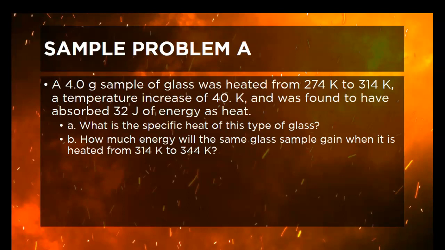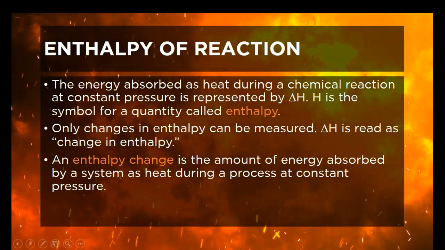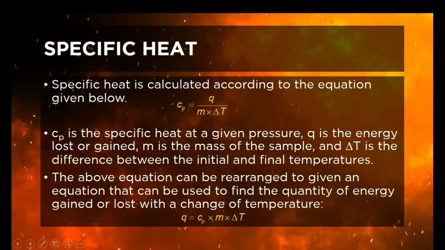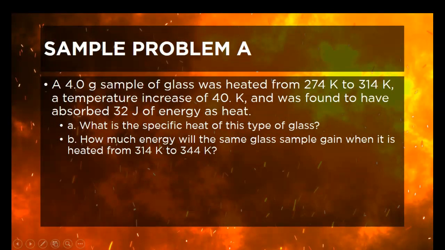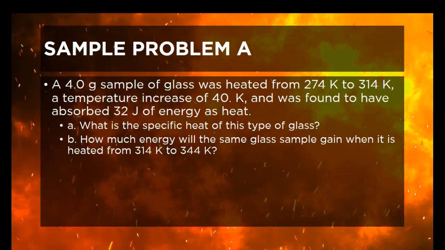So the first thing they're asking us is what's the specific heat? And that can be found by the top equation, Q over mass times delta T. So C equals Q, and by the way, this is the symbol they decide to use for specific heat, but it's Q over mass times delta T.